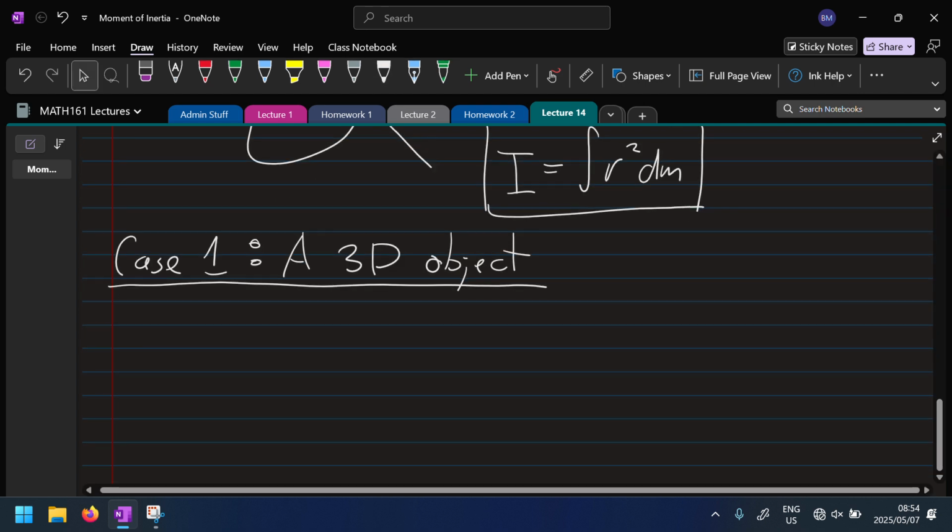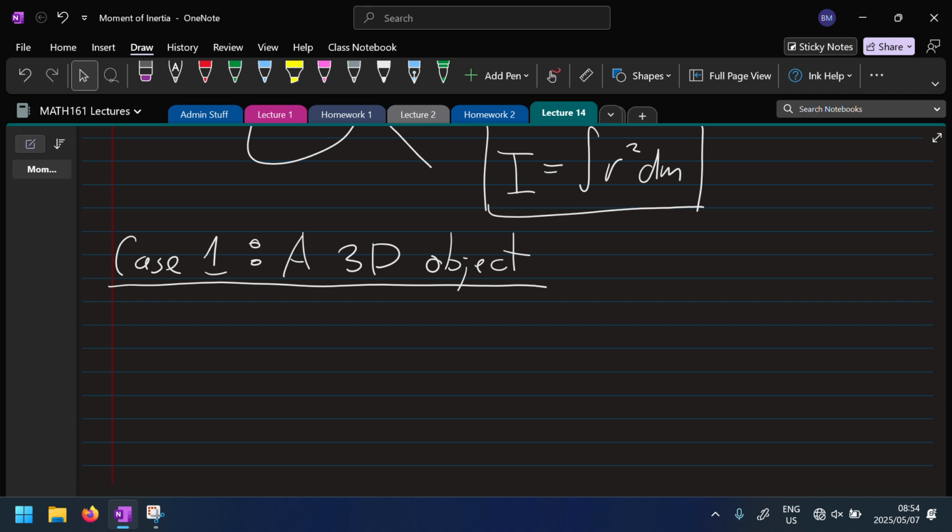So what are we going to do? Well, we start off with the equation that's given and try to write it in a better way for us to do the calculation. So we're going to have I is equal to the integral of r squared dm. That's always our starting point. We always start with this equation.